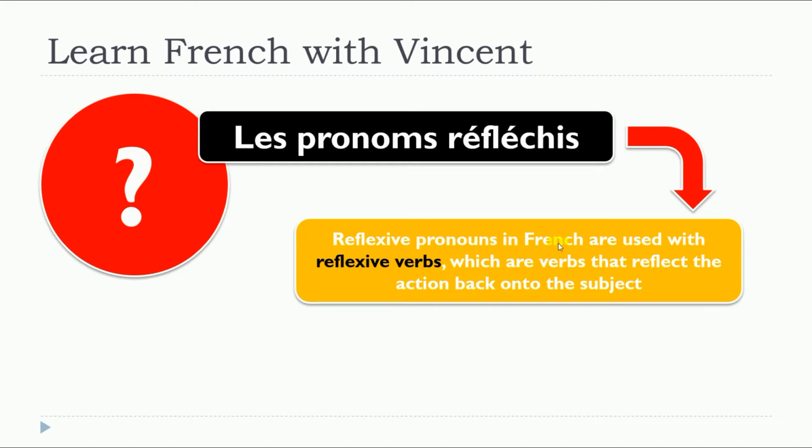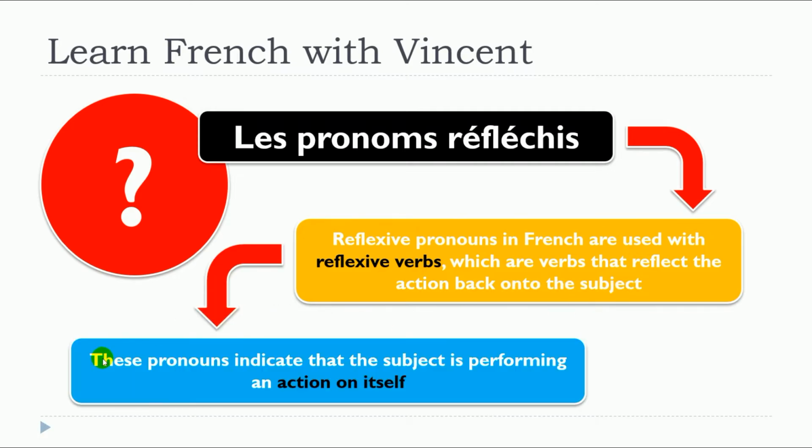Reflexive pronouns in French are used with reflexive verbs, which are verbs that reflect the action back onto the subject. These pronouns indicate that the subject is performing an action on itself. So this is the key, the action is performed on itself.